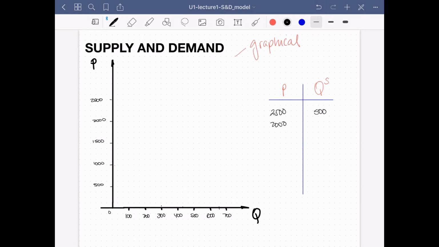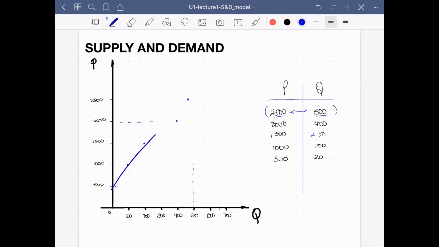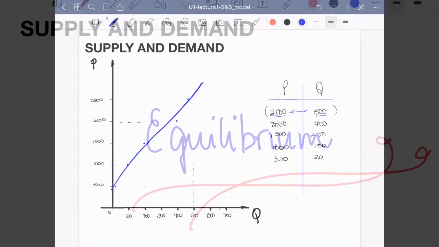If the price is $200 a month, we will have 400 places available, and so on. So the information of prices and quantities that can be supplied at each price allows us to create the supply curve, which is upward sloping, and in this case, in the demand for housing, will look like this. So this will be our supply curve.